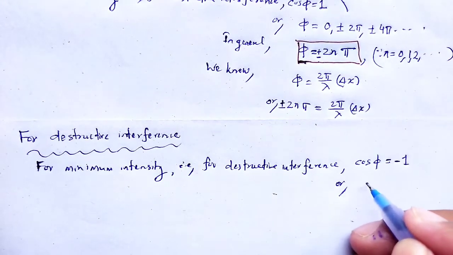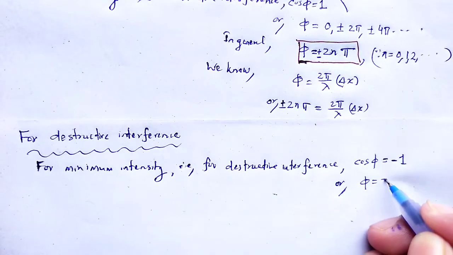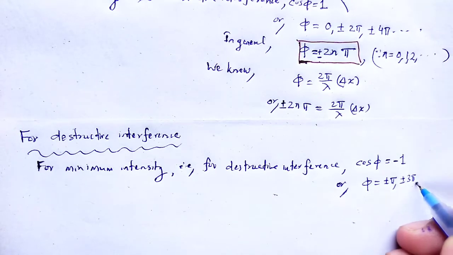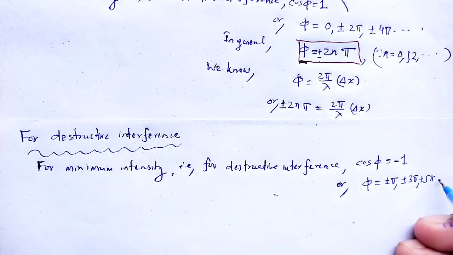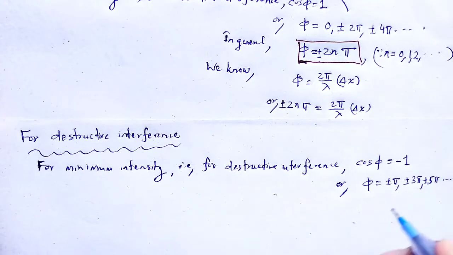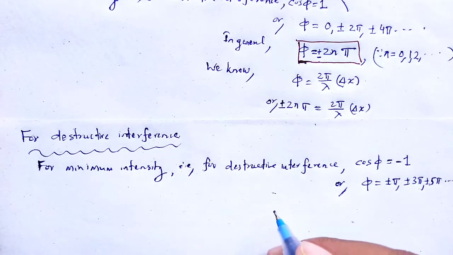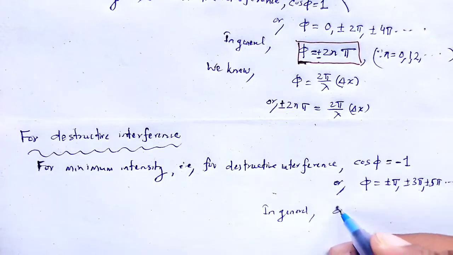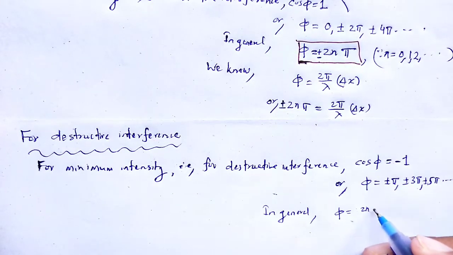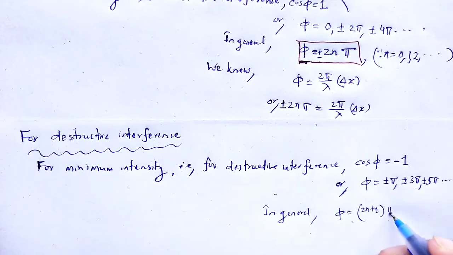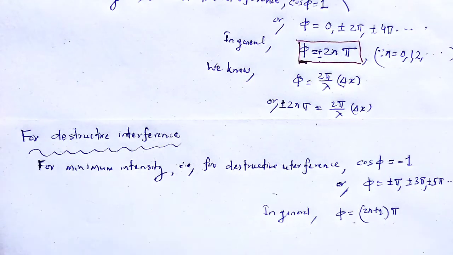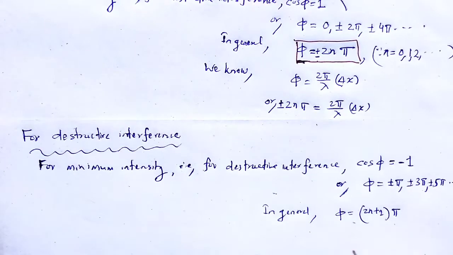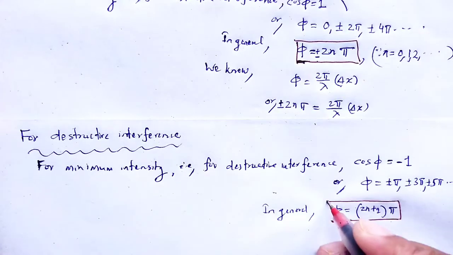For the -1 condition, φ must be ±π, ±3π, ±5π, like this. In general, φ is equal to (2n+1)π, that is the odd multiple of π.